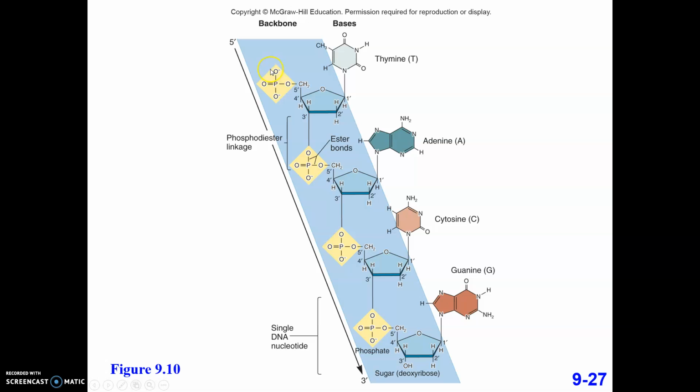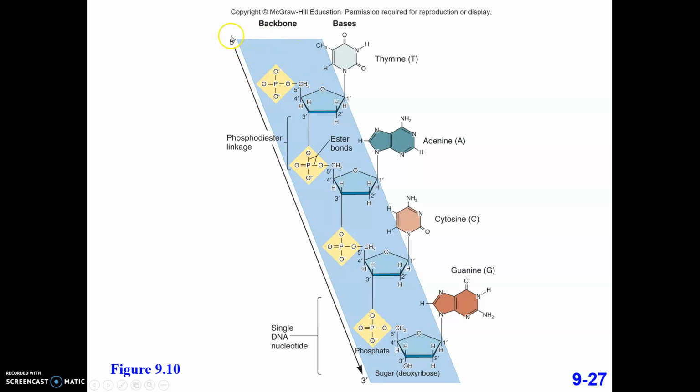And so here, if we take a look at the overall pattern, we have a phosphate, carbon 5, carbon 3, phosphate, carbon 5, carbon 3, phosphate, carbon 5, carbon 3, and so on and so forth. So we definitely have a directionality.